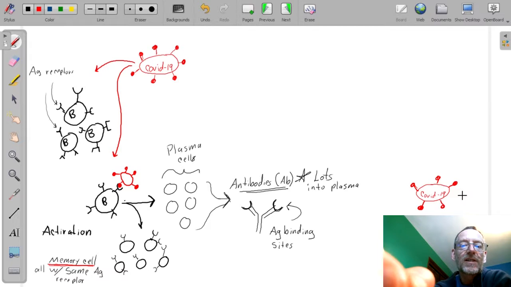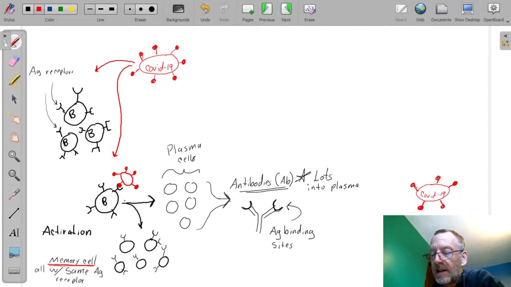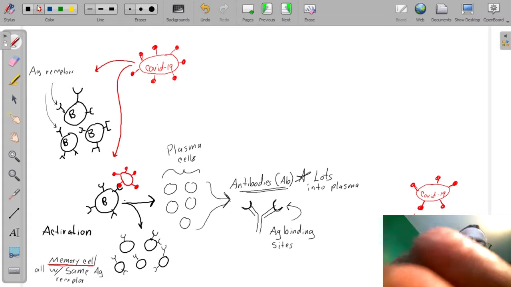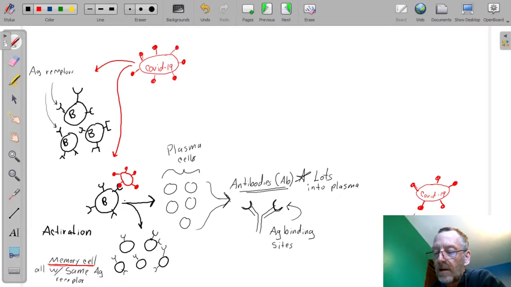And now the antibodies come along. You can see what's happening. The antibodies come along and they bind to it. And maybe here's another antibody that comes along and binds to it. The arms are somewhat flexible on the antibodies.